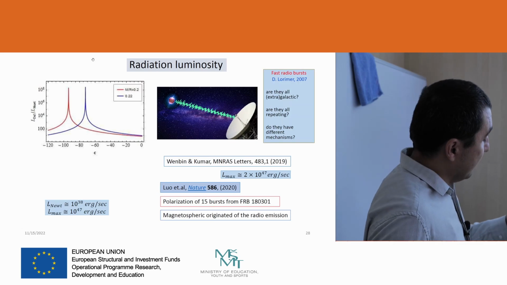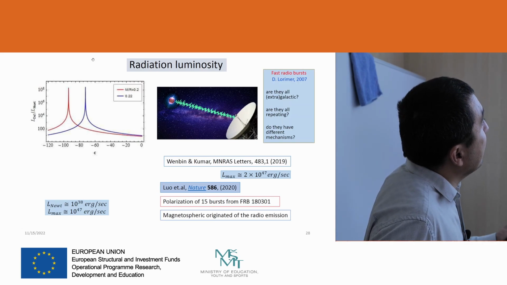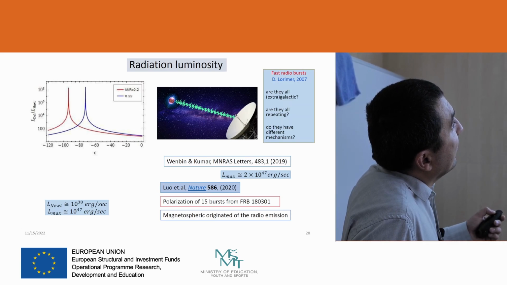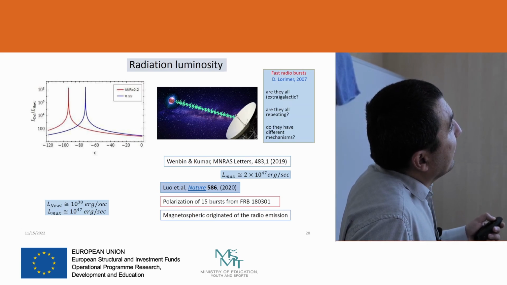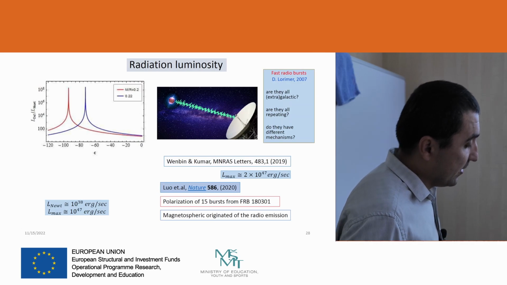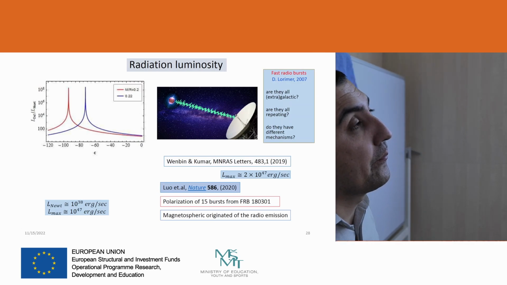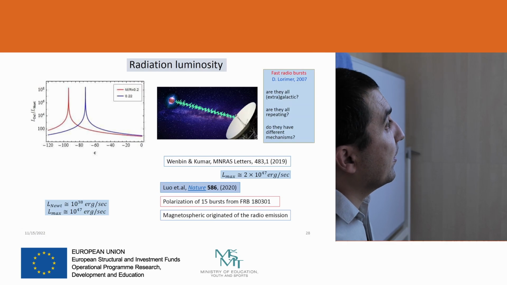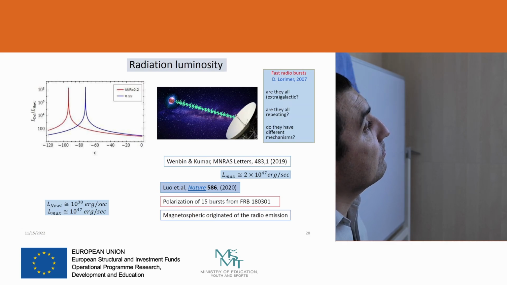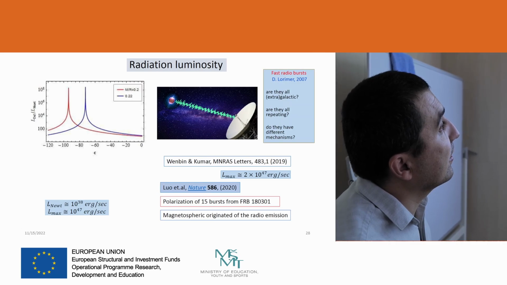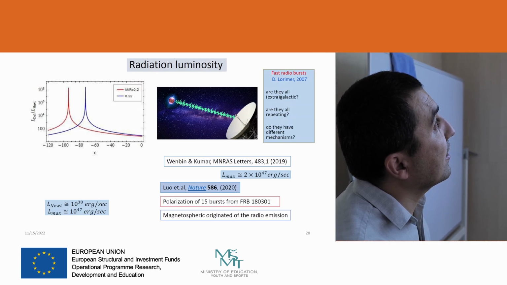and the studies of the radiation luminosity in the deformed space-time using the Johannsen-Psaltis model show that there is some critical value of epsilon where the luminosity reaches its maximum.